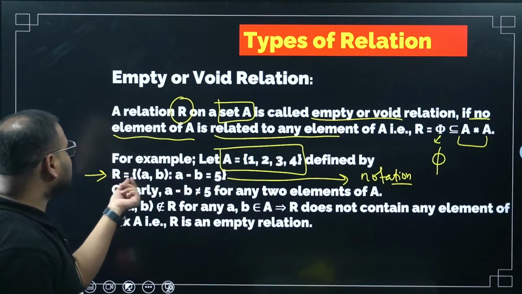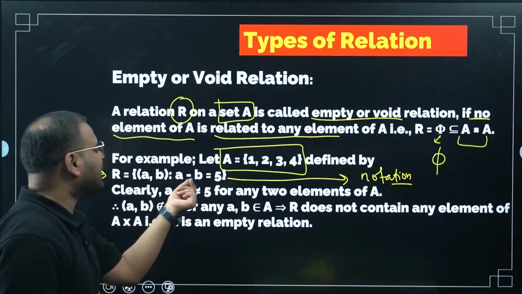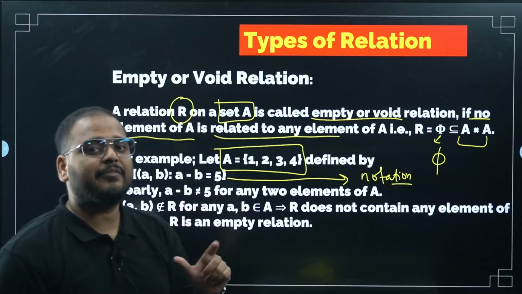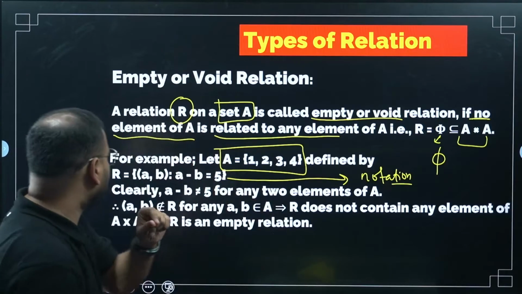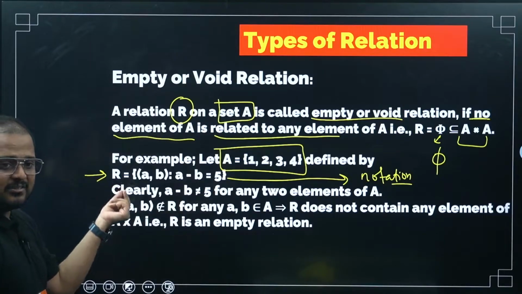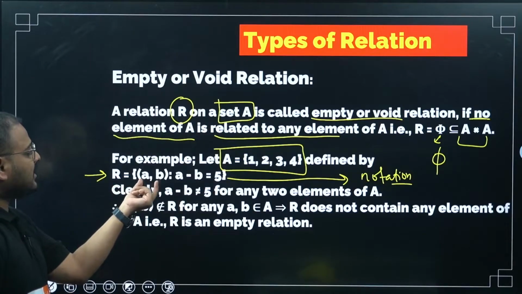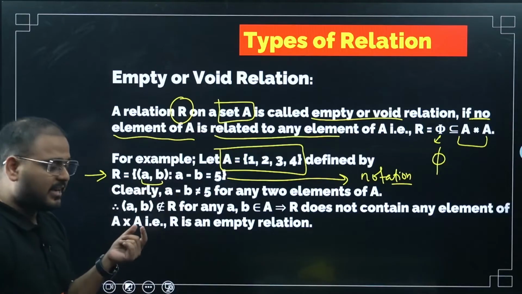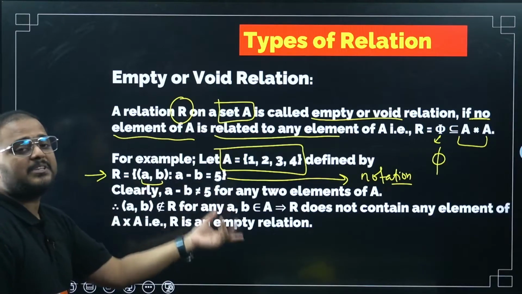So R equals {(a, b) such that a minus b is equal to 5}. This is the way to read this relation: R is a relation consisting of two elements a, b such that a minus b is equal to 5.